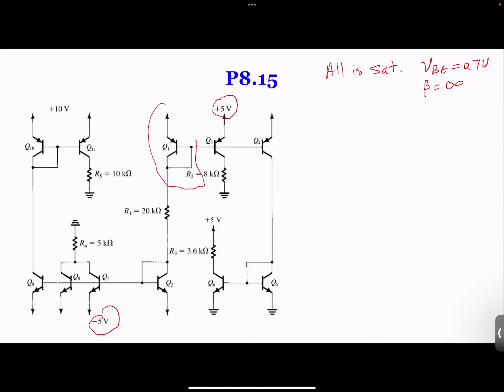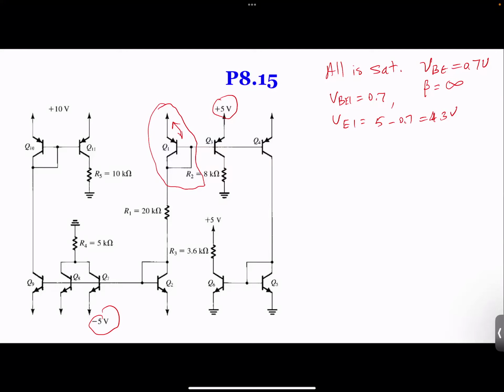Let's start with Q1. VBE1 equals 0.7, so we get VE1 equal to 5 minus 0.7, equal to 4.3 volts.